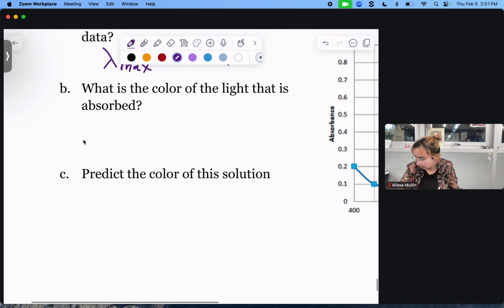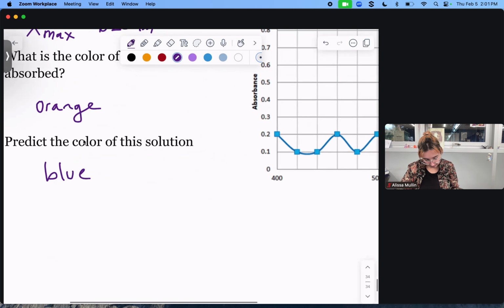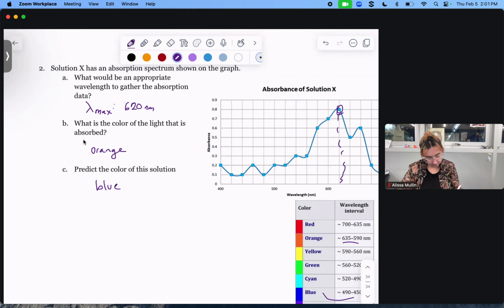So it's absorbing in the orange range, but the complementary color, the not absorbed, reflected light, would be primarily in the blue range. Okay, so that's some things to think about.